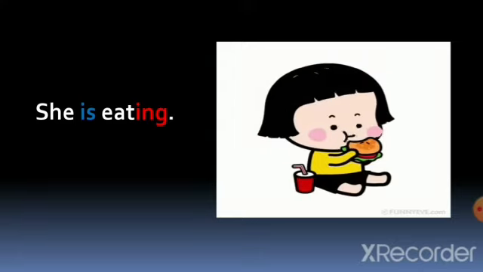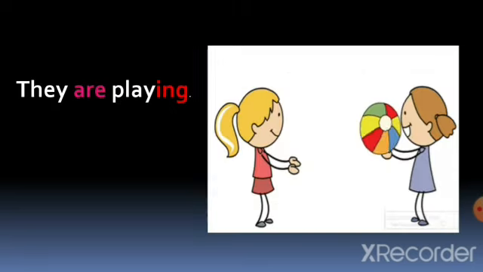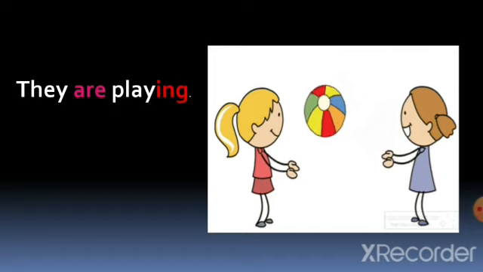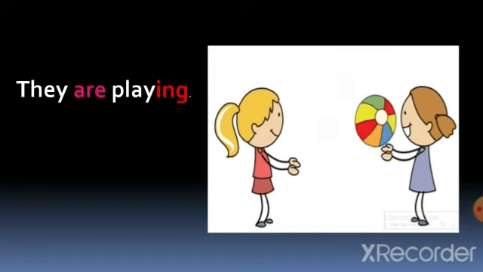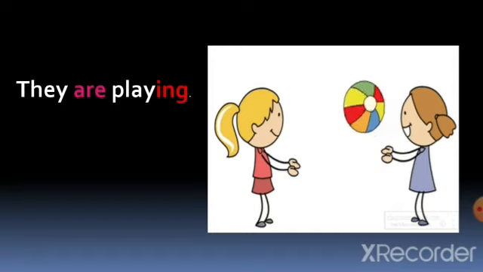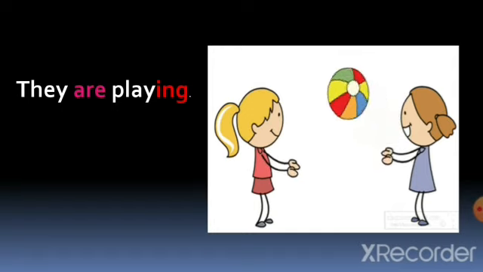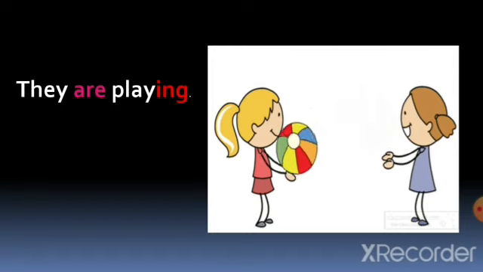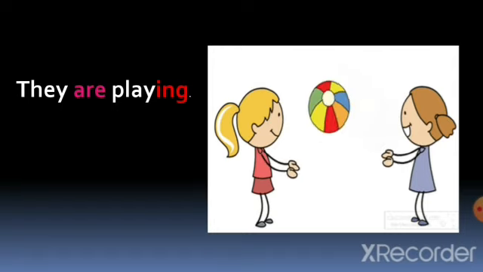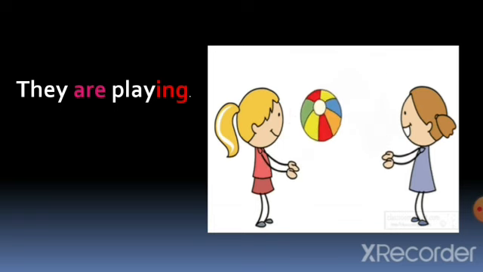So it's an example of present continuous tense. They are playing. Here, are is added with the verb play, which is ending with ing, that is playing. These were simple examples of present continuous tense, or positive present continuous tense.